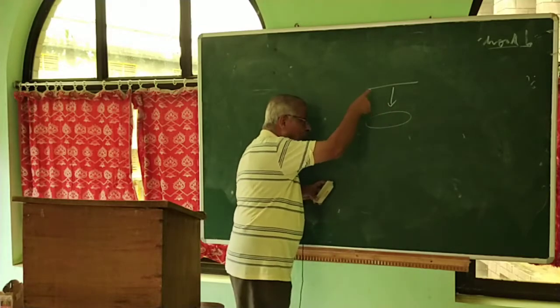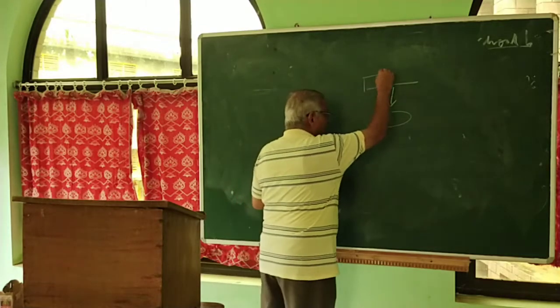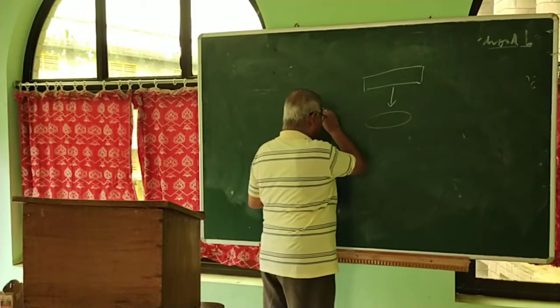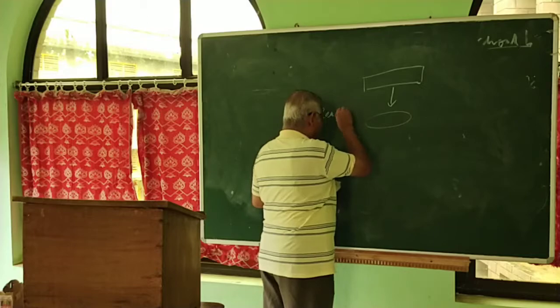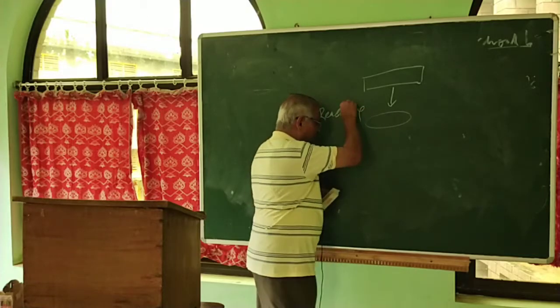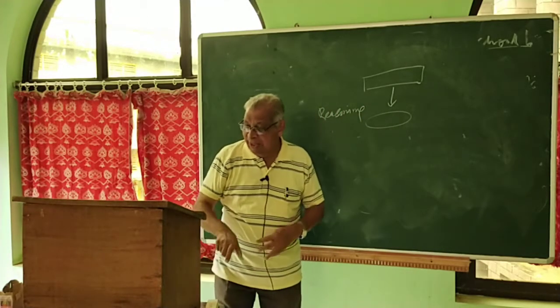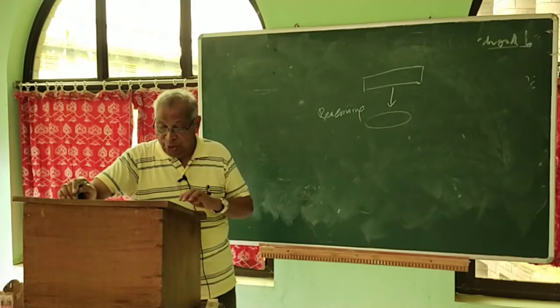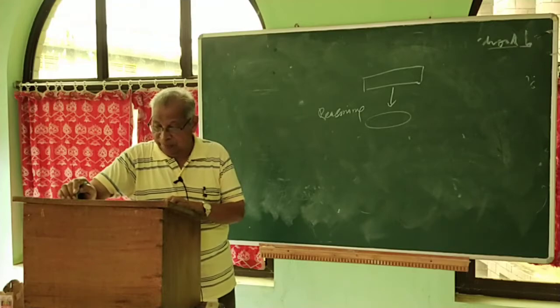I am able to arrive at the unknown from the known because of the reasoning. We will give examples later, but this is just preparing the ground. So from known to the unknown.